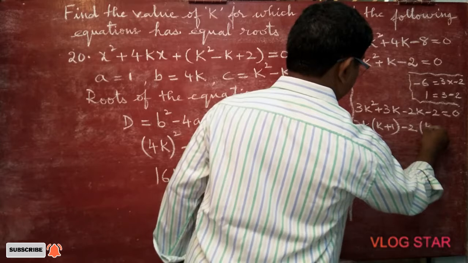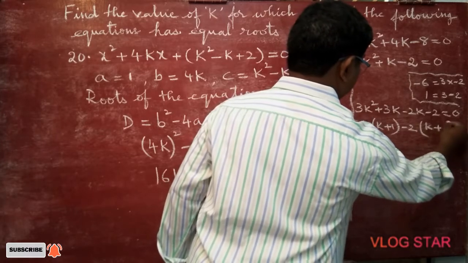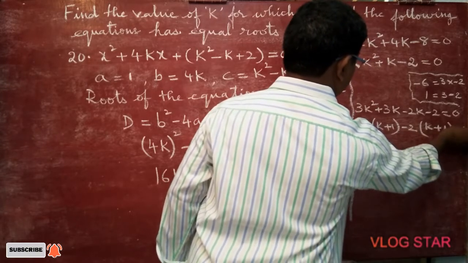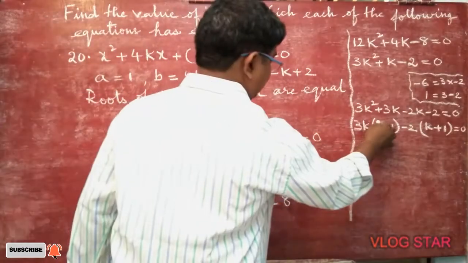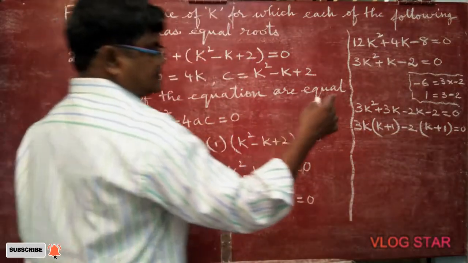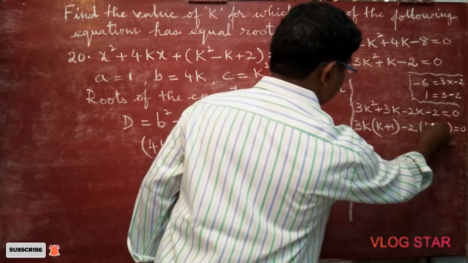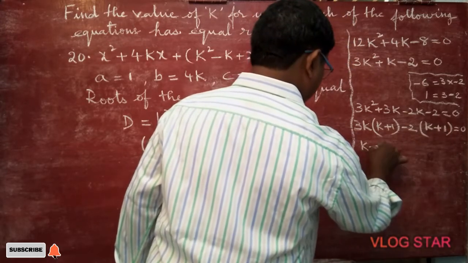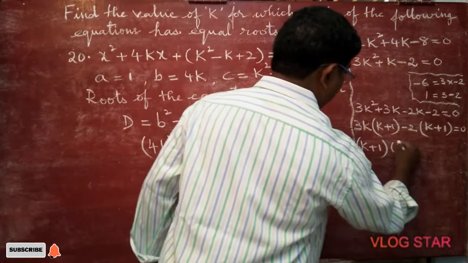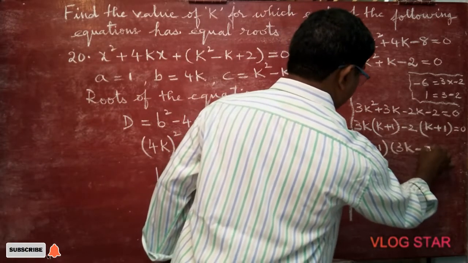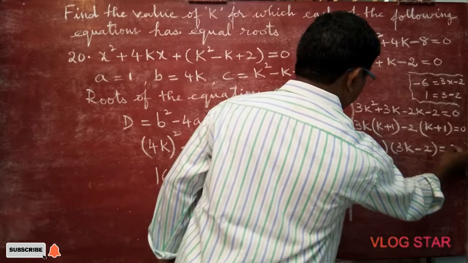Here k is left, minus into minus plus 1. Opposite sign otherwise. In the first bracket k plus 1 is there, in the second bracket also k plus 1 is there. So on the whole I am taking k plus 1 as common. And what is remaining? 3k minus 2, is equal to 0.